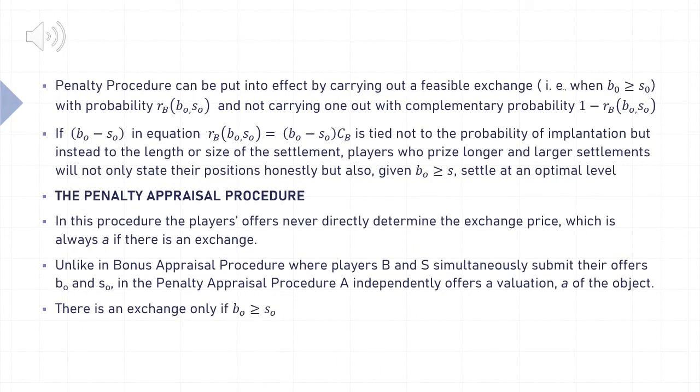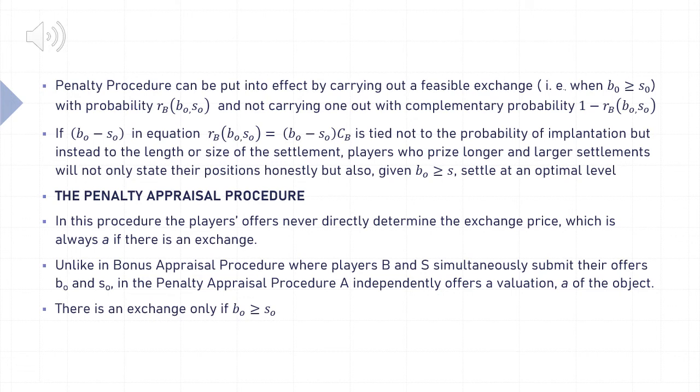The penalty appraisal. In this procedure, the player's offer never directly determines the exchange price, which is always A if there is an exchange, unlike in bonus appraisal procedures where players B and S simultaneously submit their offers. B and S in the penalty appraisal procedure, A independently offers a valuation A of the subject.